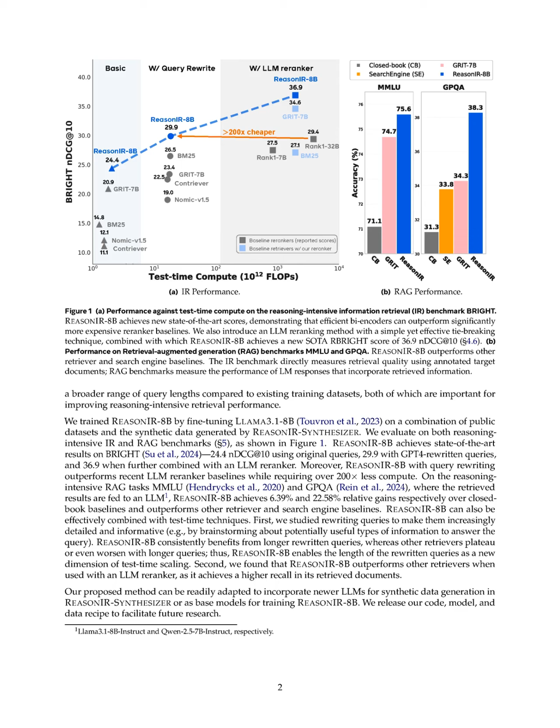Additionally, ReasonIR-8B benefits from query rewriting, which enhances retrieval quality by allowing longer, more informative queries, a feature that other retrievers do not leverage effectively. Finally, its ability to integrate with LLM re-rankers further improves its performance, demonstrating its adaptability and efficiency in handling complex reasoning tasks.